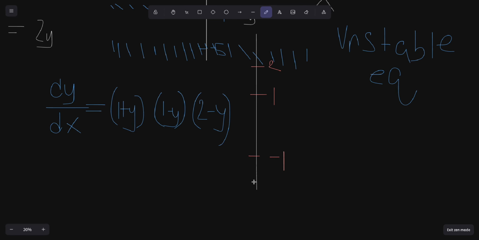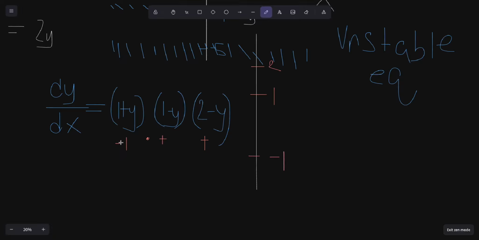And so take a look. If I plug in -2, that's going to be -1, right? Because 1 plus -2 is -1. If I plug in -2 here, I get a negative number. And if I plug in -2 here, I get a positive number. Oops, this is actually positive, sorry. All right.